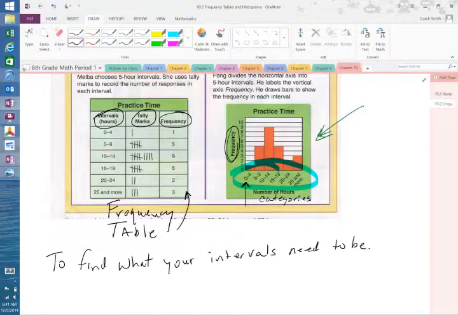In this particular example, our intervals are 0 to 4, 5 to 9, 10 to 14, 15 to 19, 20 to 24, and 25 or more.